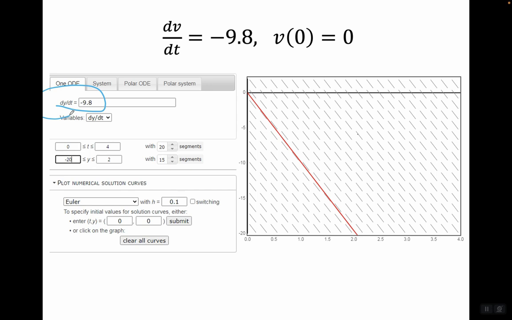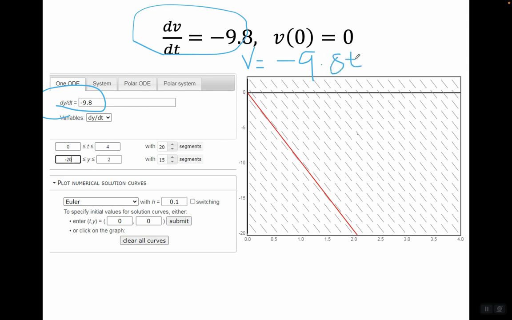Now, to be honest, we didn't need to use the online plotter to do this because we can figure out what the solution is. The derivative of v with respect to t is negative 9.8. So you just take the antiderivative and you end up with v equals negative 9.8t. So the velocity is going to equal negative 9.8 times the time elapsed.